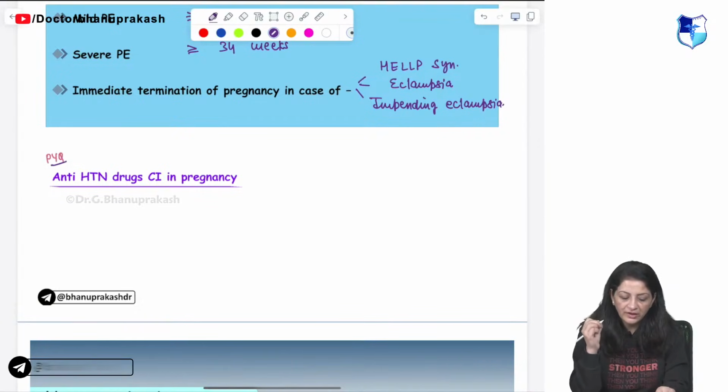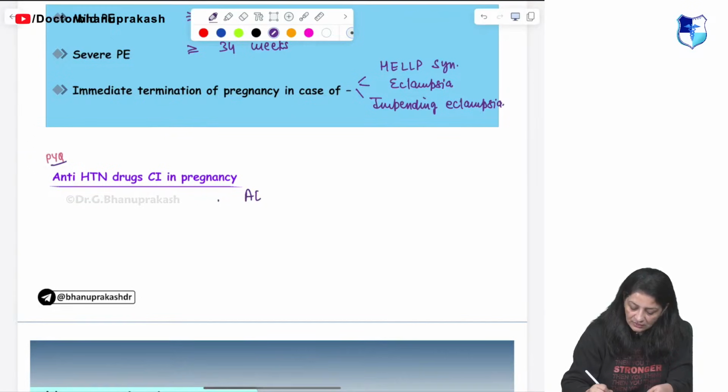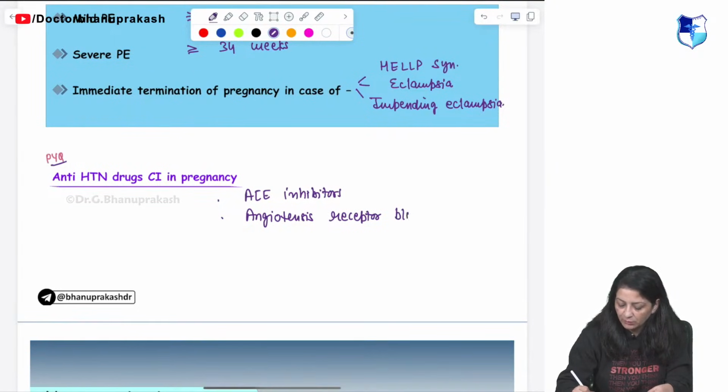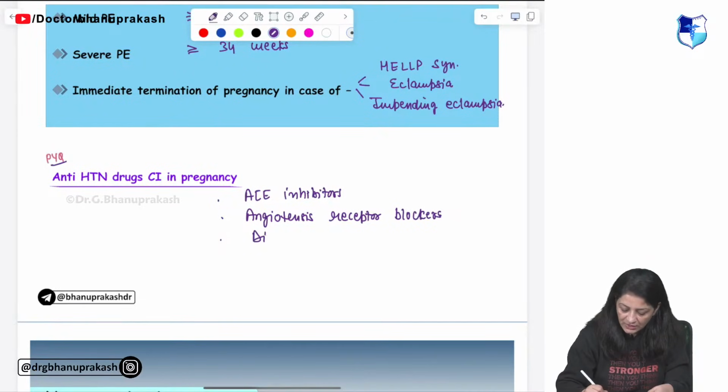Okay. Now this is a PYQ. Anti-hypertensive drugs contraindicated in pregnancy. First of all, ACE inhibitors, angiotensin receptor blockers like losartan, diazoxide and diuretics.